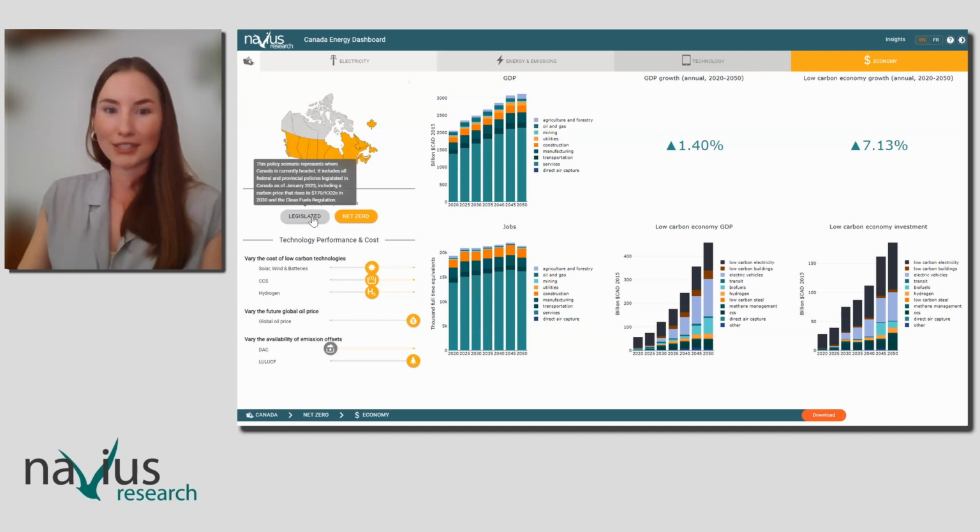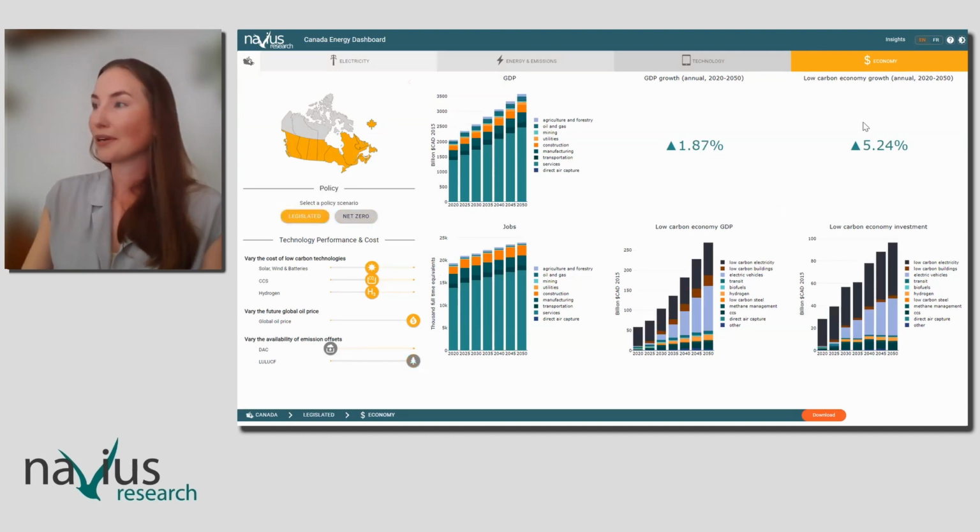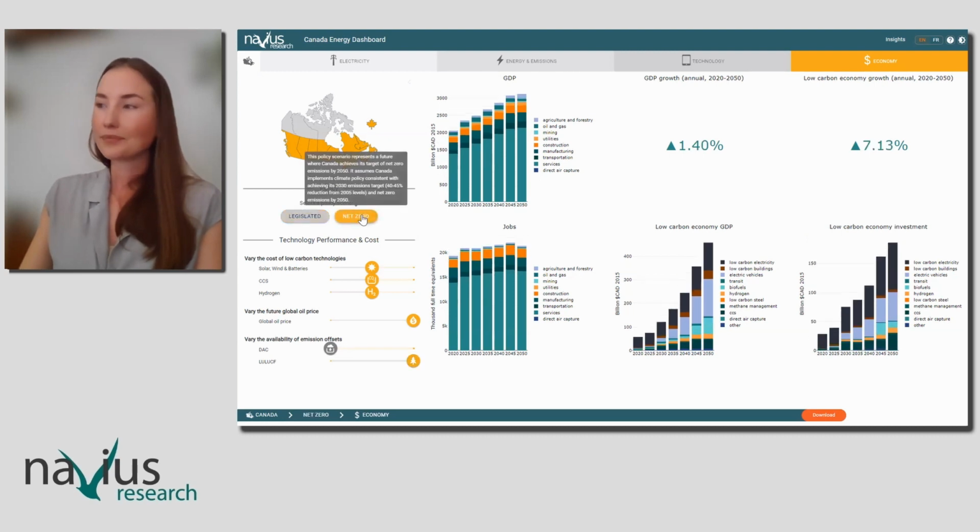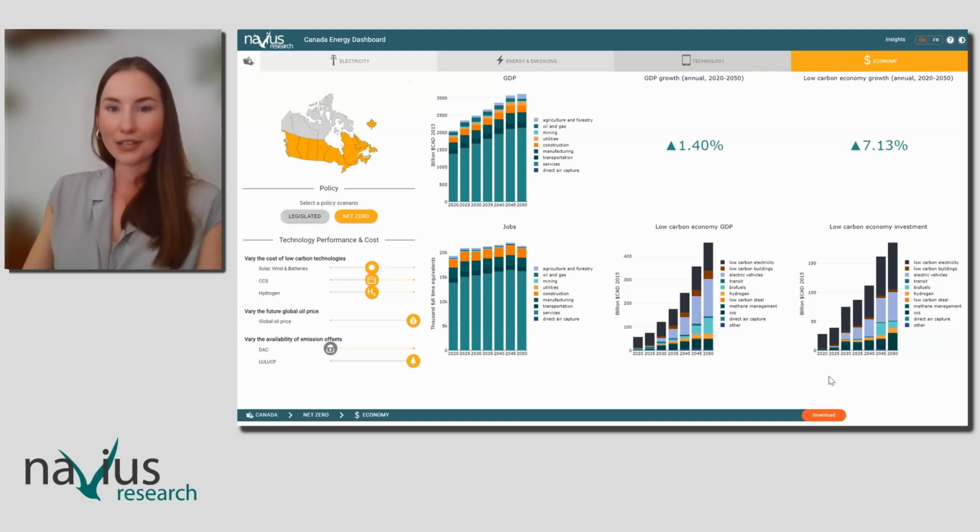So under legislated policy, the low carbon economy grows at an average rate of 5.2% per year from 2020 to 2050. And under net zero policy, that increases to 7.1% per year. And this is a result of greater investment in the low carbon economy sectors, which you can see in the investment figure here.